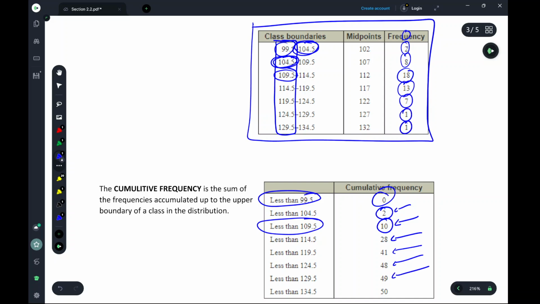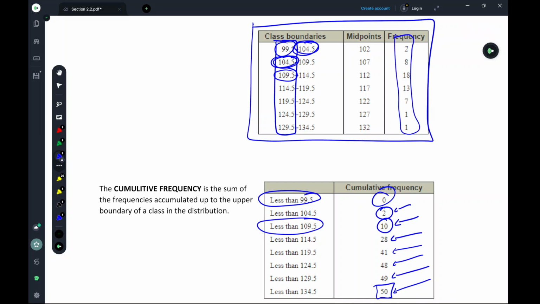And 49 plus another 1 is 50. Notice your very last value in your cumulative frequency should equal the total number of data values. It should equal all of these added up. And in fact, it does.